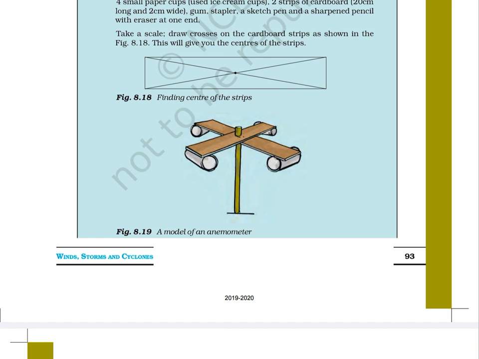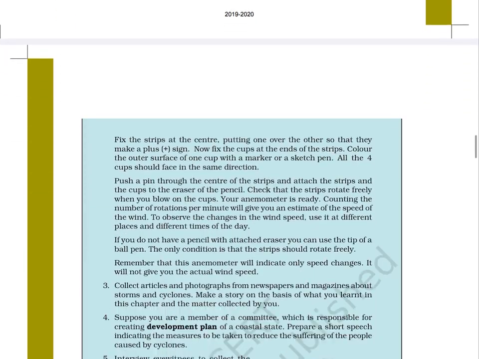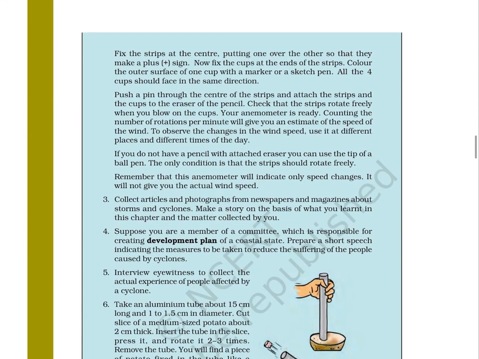Fix the strips at the center, putting one over the other so that they can make a plus sign. Now fix the cups at the ends of the strip. Color the outer surface of one cup with a marker or a sketch pen. All the 4 cups should face the same direction.